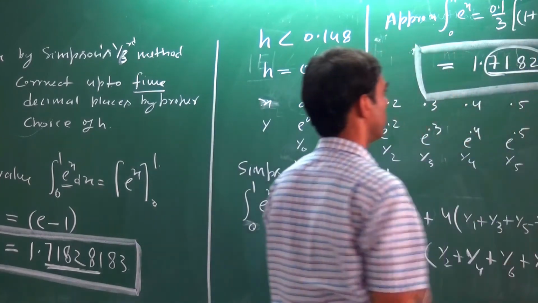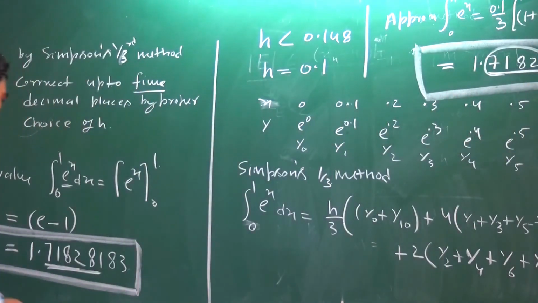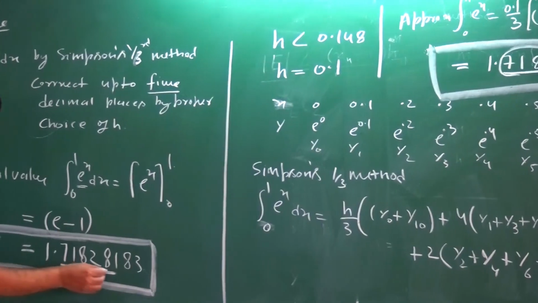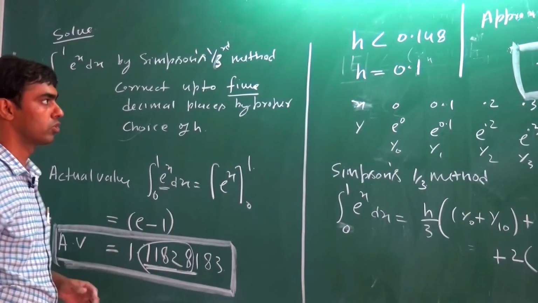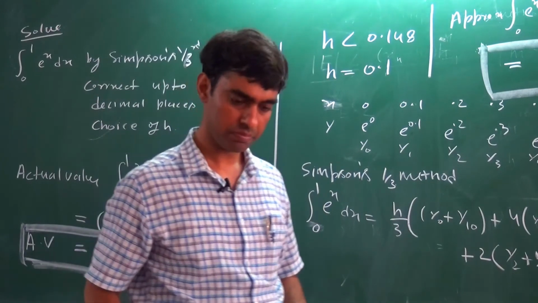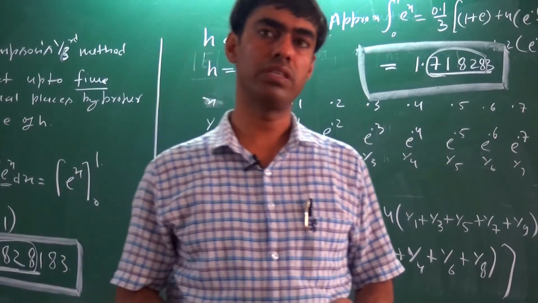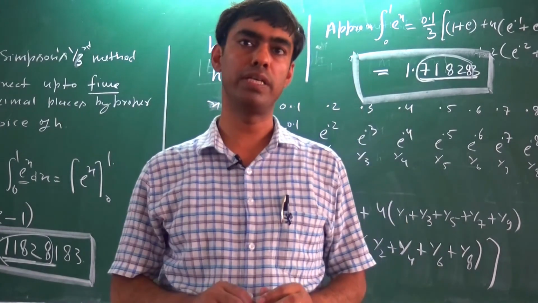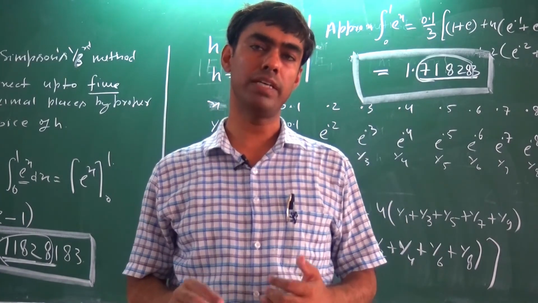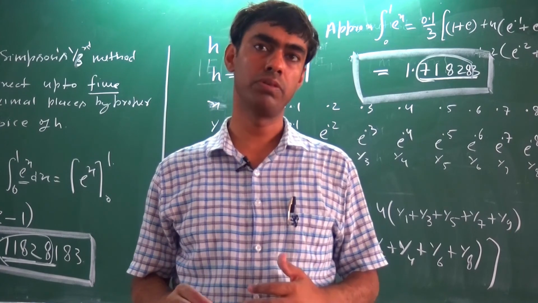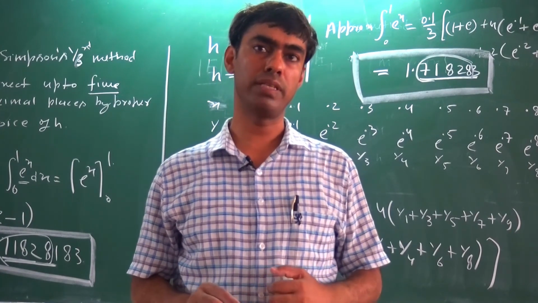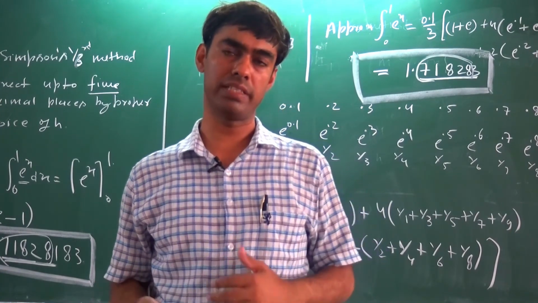This one is the value 1.71828. So what is the summary of this one? If we try to find the value of integration correct up to 5 decimal places, then the mod value of error must be less than 10 to the power minus 6.